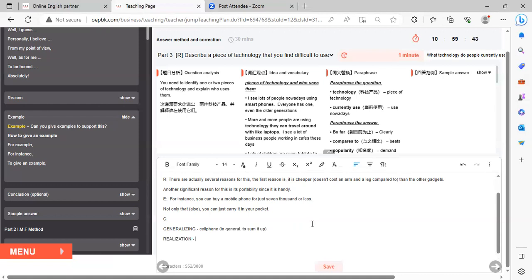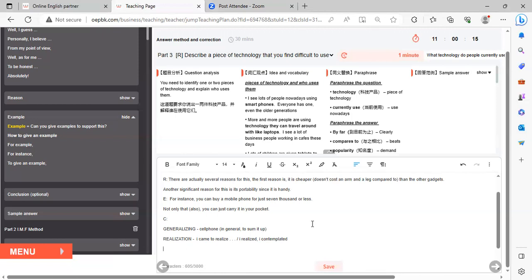However, it has its pros and cons, right? So I came to realize that aside from its usefulness, it also has its bad effects. So you can state your realization about something: I came to realize, I realized, I contemplated.